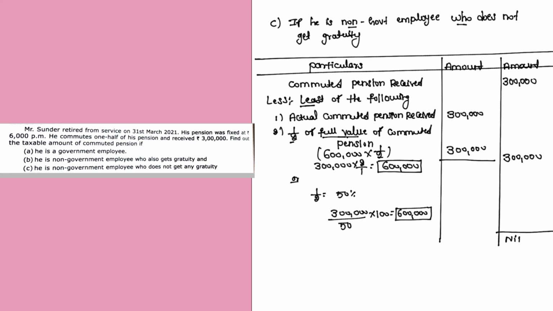So taxable commuted pension is nil in this case. If he is a non-government employee who does not get any gratuity, in this case it is nil. So if he does not get any gratuity, this is the format we should follow.